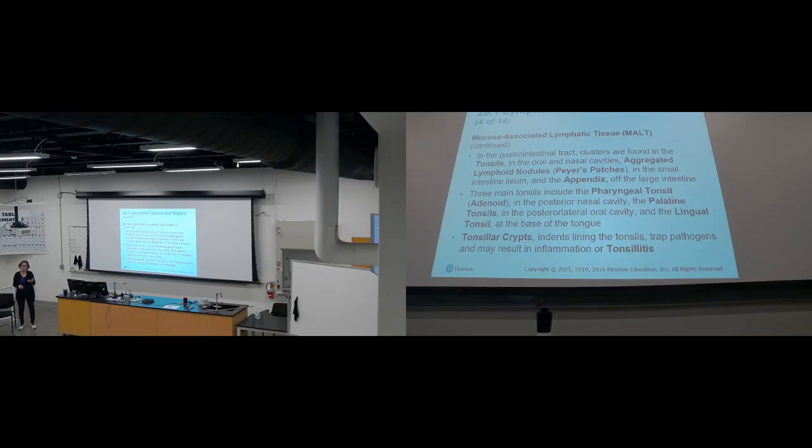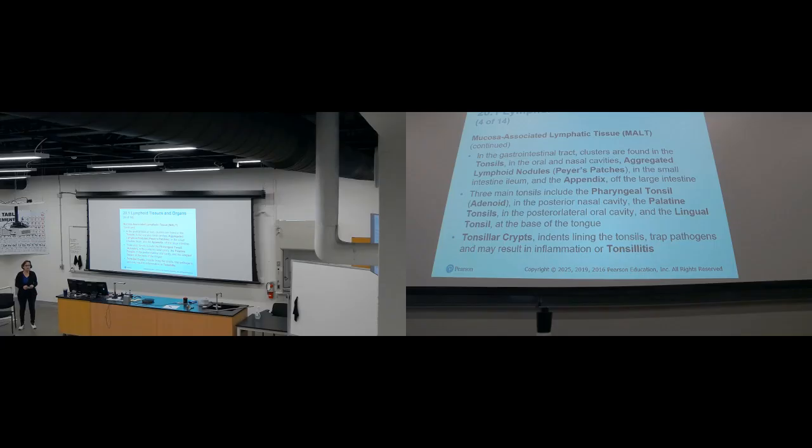Now, there is a difference between a lymphoid tissue and a lymphoid organ. A lymphoid organ has a capsule, while lymphoid tissue doesn't have a capsule. And the capsule is like a wrapping of collagen fibers that protects the tissue. Now, in some tonsils, you have indentations that we call the tonsillar crypts.